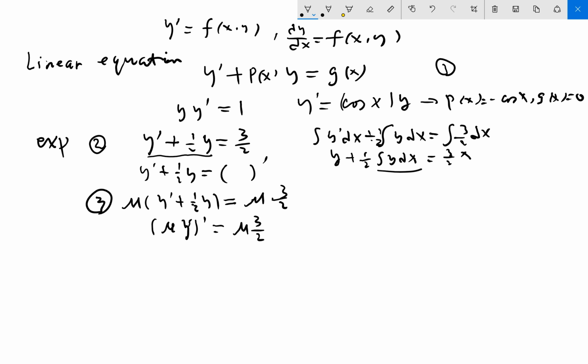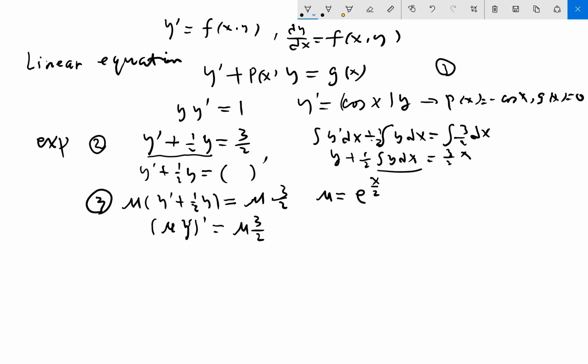Okay. So now, does such a mu exist? I can tell you for this example, if you let your mu equal e to the x over 2, we will achieve such a purpose. Now let's try that.